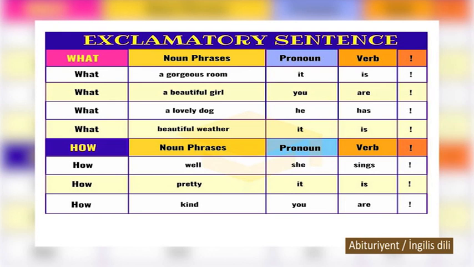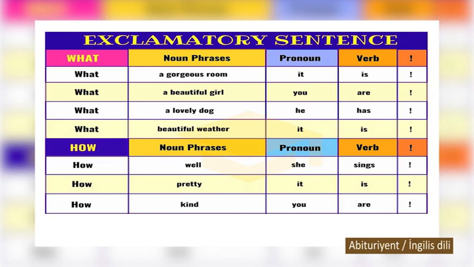We can stop at what a gorgeous room, and if we want to continue, we use it because it substitutes room here. If the word room is in plural, instead of it, they will be used. For example, what gorgeous rooms they are. And don't forget to put an exclamation mark at the end of the sentence.